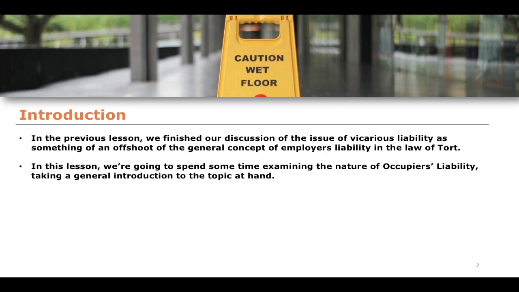Now, just like with negligence, in fact, occupiers' liability is one of the major torts that we can think of in this series of lessons. We can really generally delineate torts into the really popular, common torts, the ones that are almost always discussed and examined in any course at university.